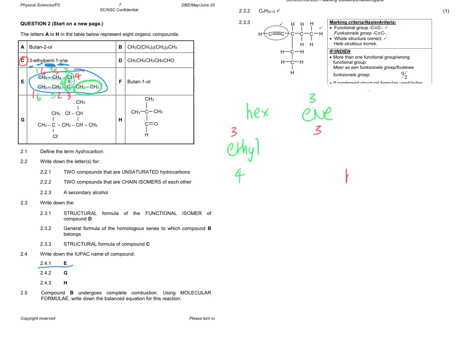So now it's hex 3 ene, and on the third carbon there is an ethyl. 3 ethyl, hex 3 ene. Sorry again, I don't know why I'm rewriting it, because they have it on the memo, but let me just see if I'm right.